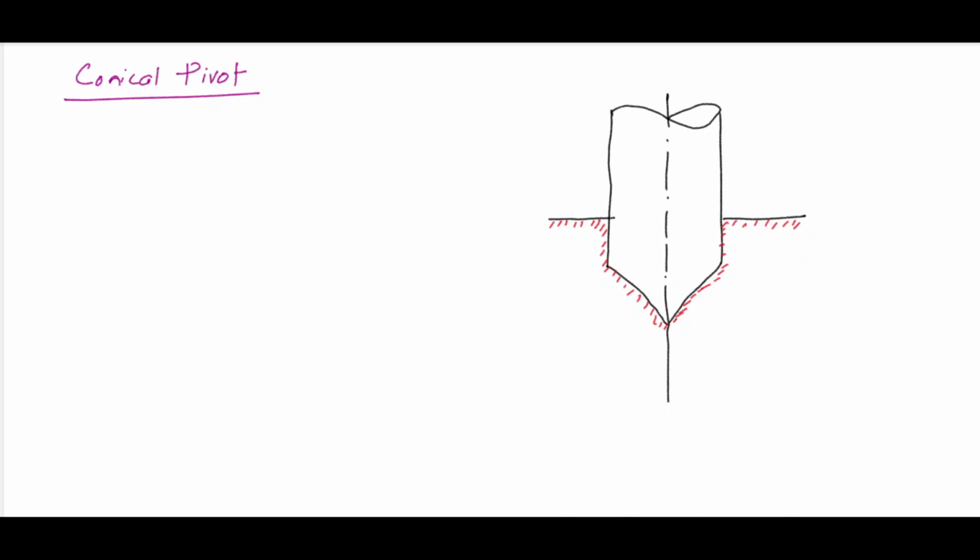Okay, now let's say the total angle is, as I told you, cone angle is 2 alpha.